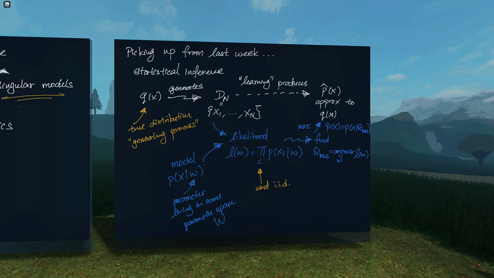Setting the approximating distribution to be exactly the model at a chosen parameter is called, in general, point estimation, because we are choosing a point in the parameter space, the best point according to some measure. And the measure in this case is just the likelihood function. Okay.